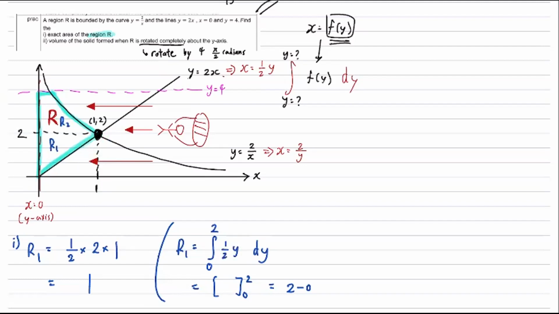Integrate, you get y squared. Is that right? It will cancel off with the half. No, it should be y squared over 4.